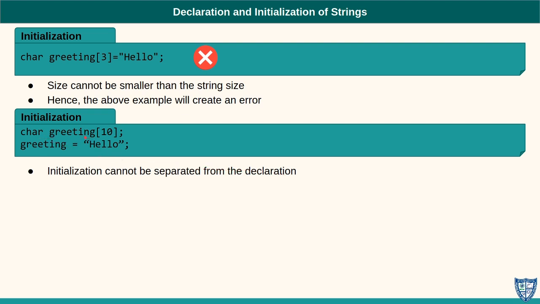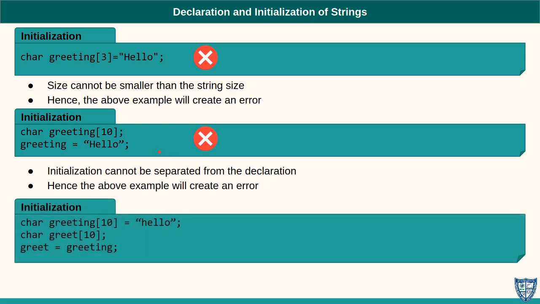For example, when I say int a; and in the next line I can put a = 5; that is perfectly fine because an integer does not have any problem with that. But for string variables, you cannot declare a string in one line and then initialize it in a separate line. We have to put char greeting[10] = "hello" on the same line. So this will also create an error. This is also wrong.